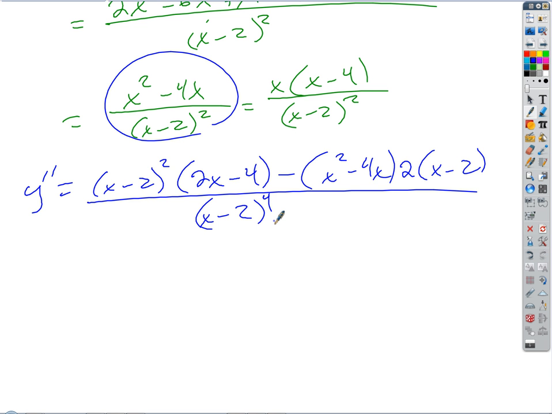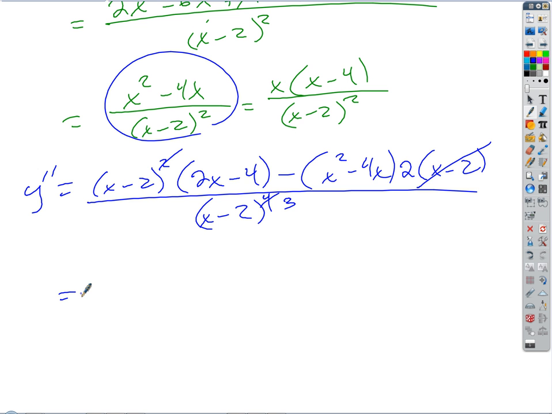And then we could do a little factoring here. It looks like we could take out an x minus 2 from both of those two terms, and then cancel it with one on the bottom. Everybody see that? So we pulled out an x minus 2 and canceled it with one on the bottom, leaving us with some stuff.